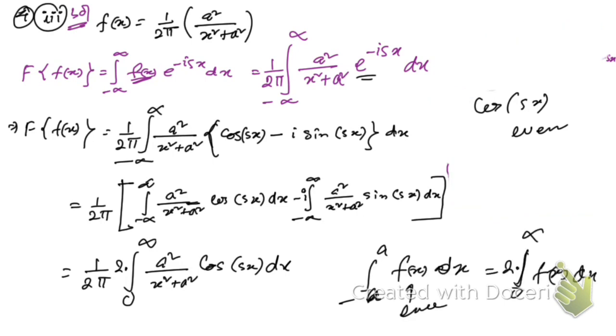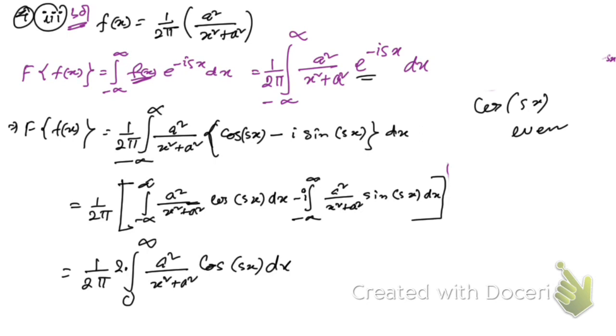Now let me cut it. Here you see this is an odd function and this is even. The product of an odd and an even function is an odd function, right? So this part is going to be equal to 0.